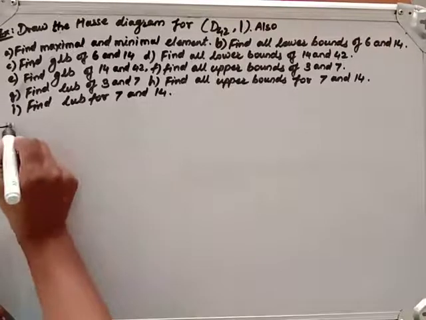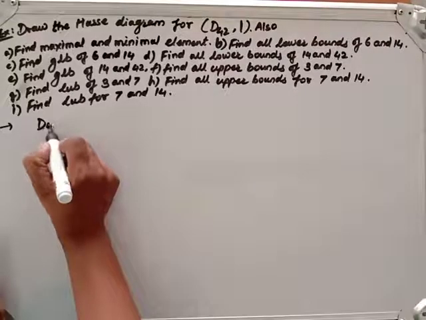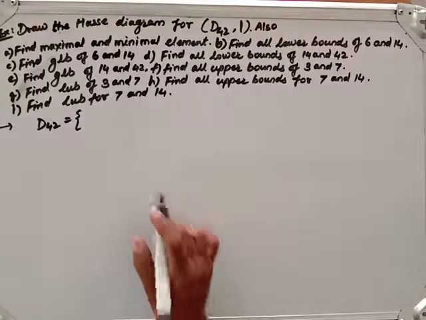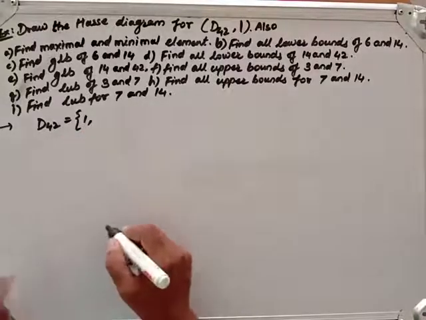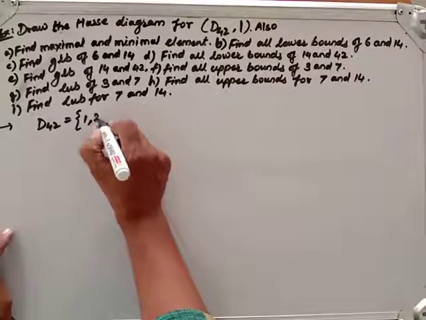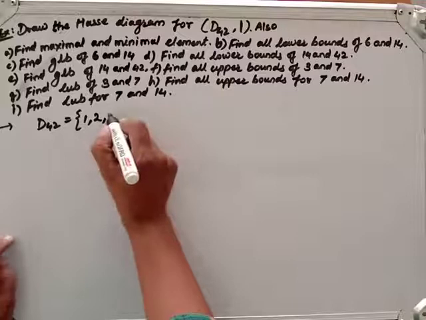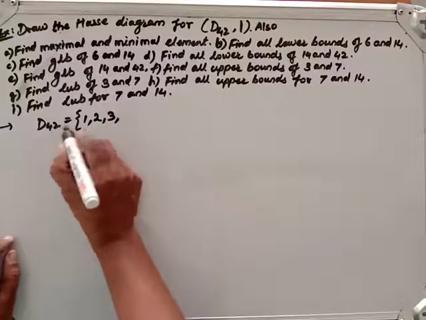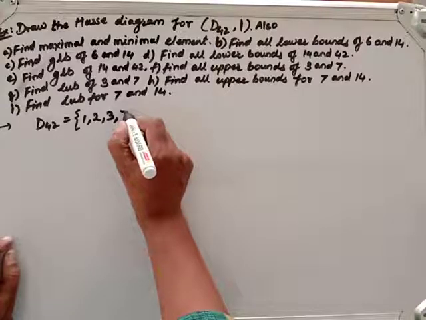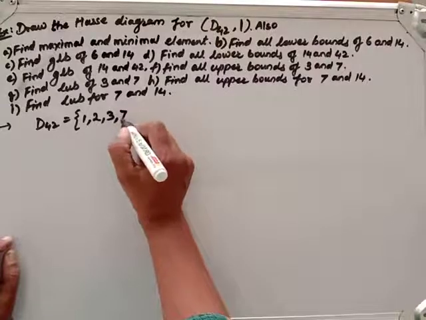Now first of all, let me define D42, meaning all positive divisors of 42. So 1 divides each and every natural number. Now 42 is a natural number. It is even, so 2 divides it. 3 also divides it as its digit sum is 6. Now 7 divides; 4 doesn't divide it, 5 doesn't divide it.